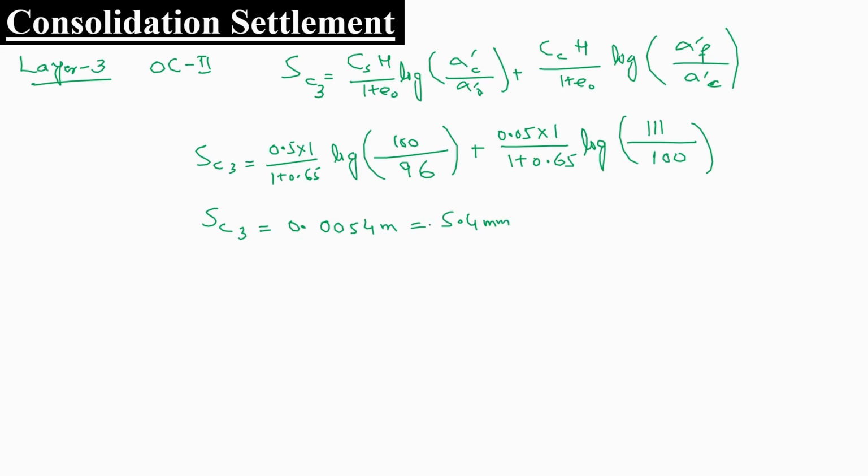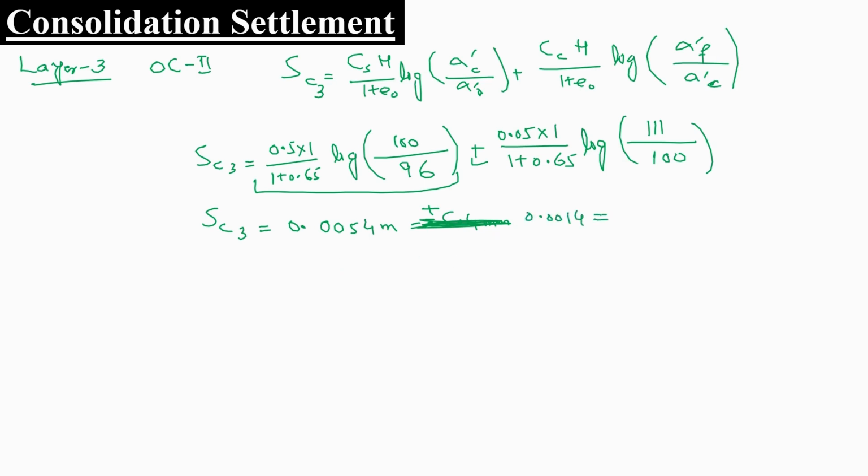Sorry, this is the first part. The answer of this part is 0.0054, plus we have to calculate this part as well, and the answer of this part is 0.0014.